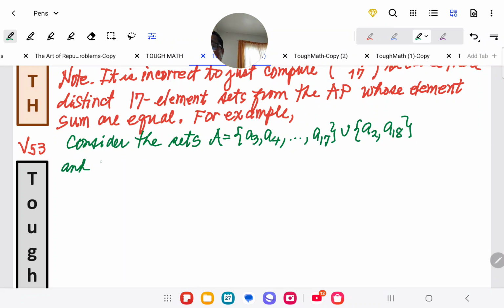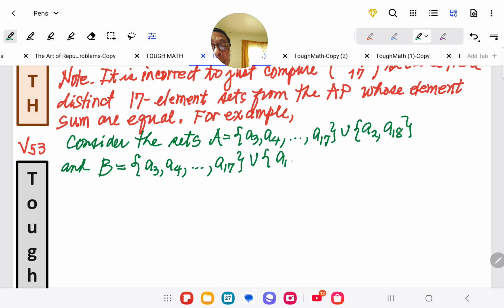And the set B of terms from the arithmetic progression, we have also A sub 3, A sub 4, and so on until A sub 17. Again, there are only 15 elements here, so we add 2 more, and in particular we add A sub 1 and A sub 19.